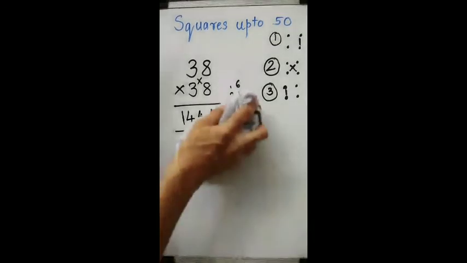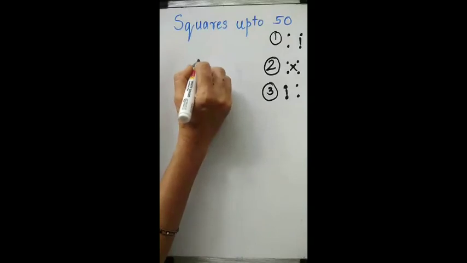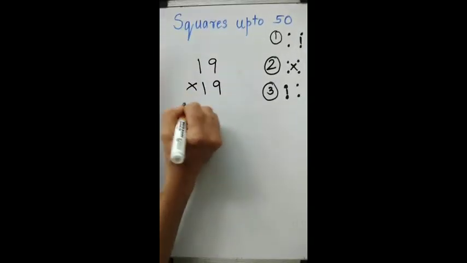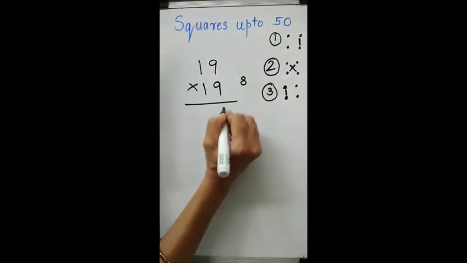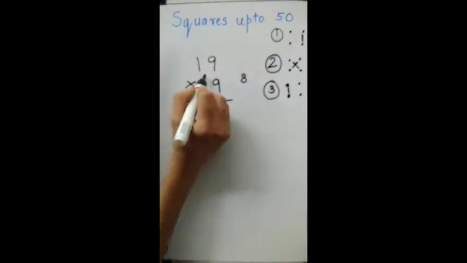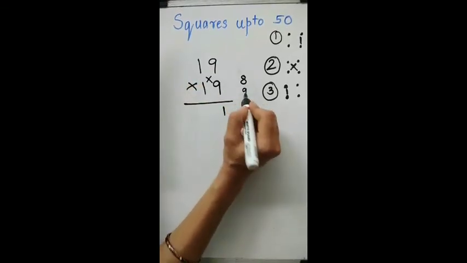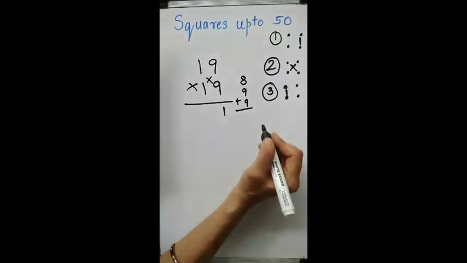Let's take one more example. Now my number is 19. So 19 multiplied by 19. 9 nines are 81. So 8 is carried. I write 1 over here. Now multiply in a crisscross manner. 9 ones are 9, 9 ones are 9, added to this 8 which was carried.